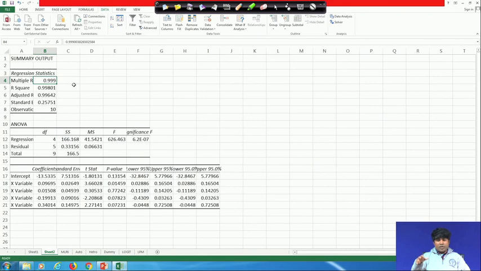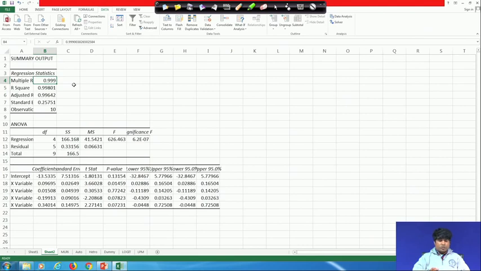So, there are 3 mechanisms. If you go to any software there is a stepwise option. If you give the option of stepwise, by default it will give you the exact variable combinations through which you can do the prediction, and that too free from multicollinearity. Otherwise, you can go by a forward search process and a backward search process.